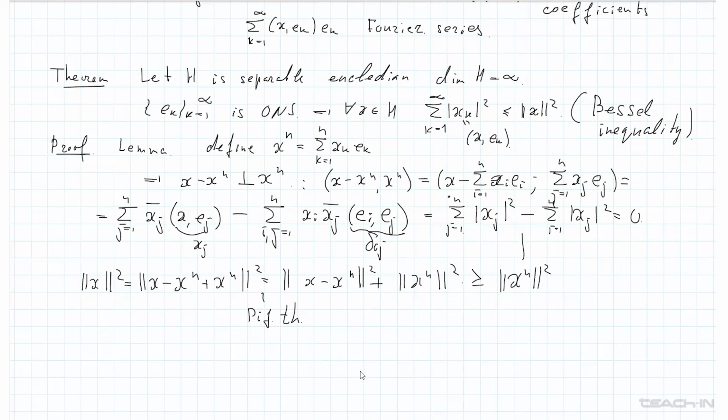And for this, we look at this formula, and we obtain the same calculation. You can obtain that the square norm of the partial sum is just the sum of squares of absolute values of Fourier coefficients, and we can obtain it for any natural n.